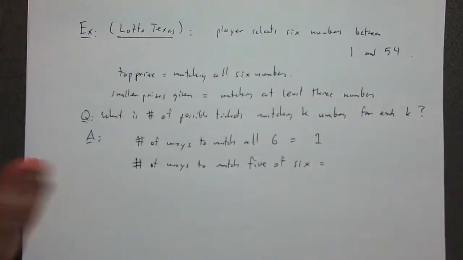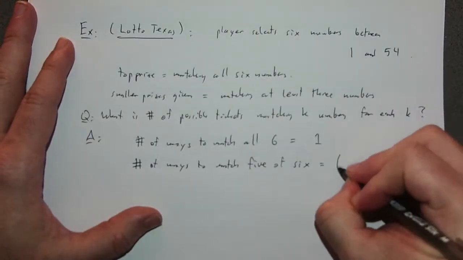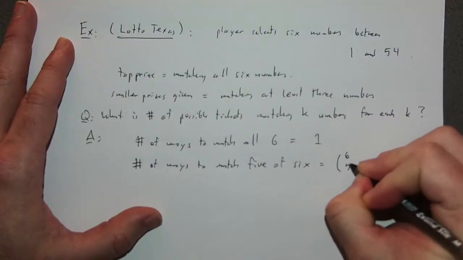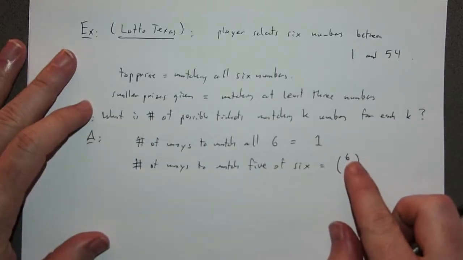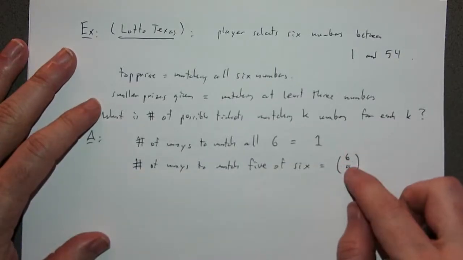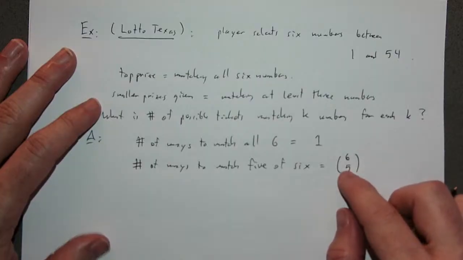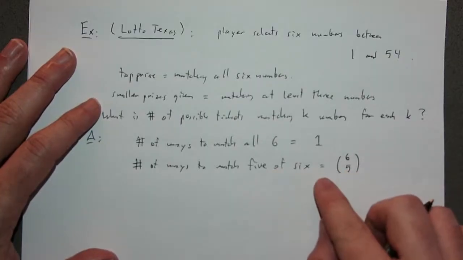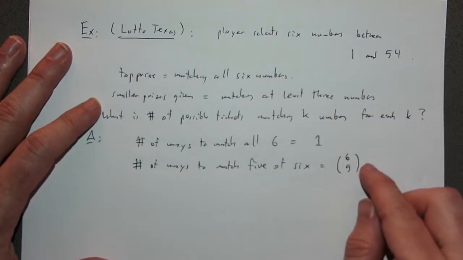Not at least 5. This would just be exactly 5. Well, there would be 6 choose 5. Sorry, I read this backwards. 6 choose 5 is the number of ways to pick 5 of the 6 matching numbers. But then I still need to pick a 6th number that's a losing number.